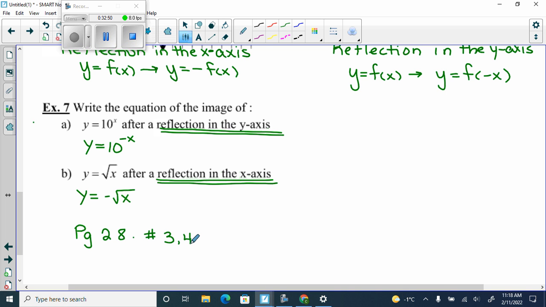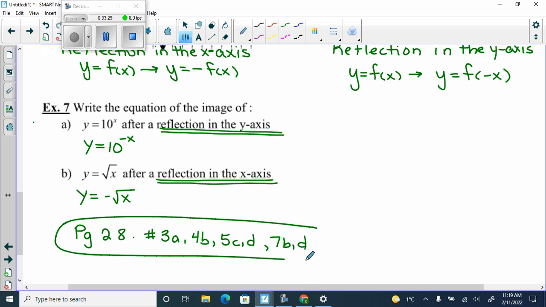I just want you to do A for 3. I'm going to rewrite that. That looks stupid. Three A, 4B, 5CD, 7BD, and that's all you can do for now.